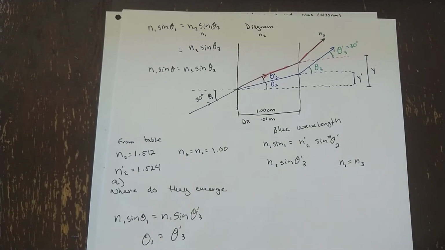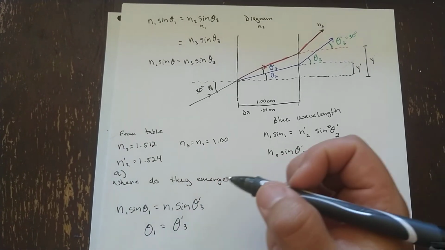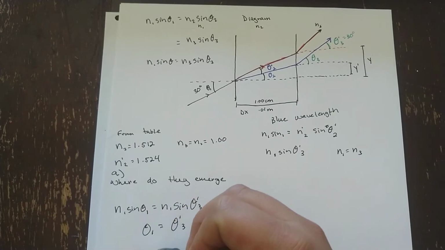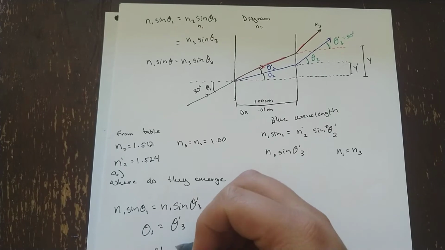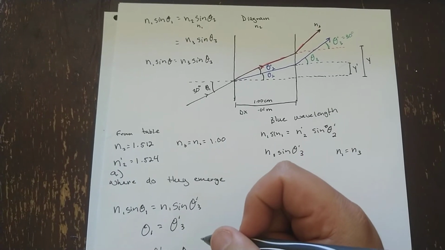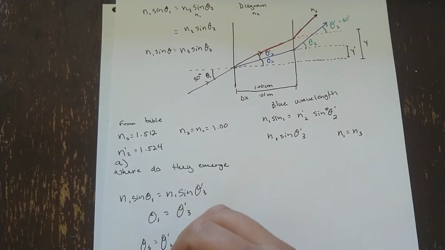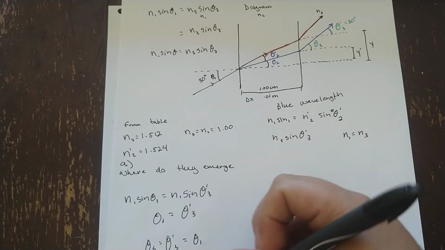We also know that theta 3 equals theta prime of 3, which is the same as theta 1. Did you look at that? If they're all equal, wouldn't they all be 30 degrees?